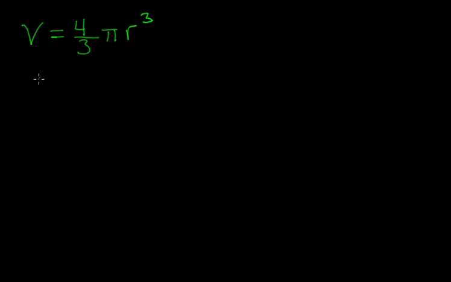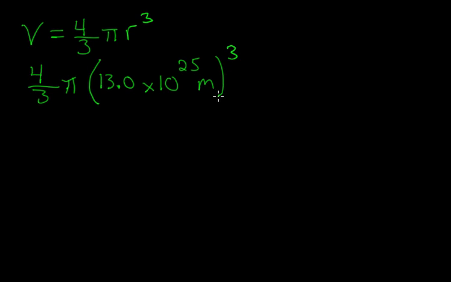So we can get the volume as 4/3 pi times 13.0 times 10 to the 25th meters cubed. And so that's going to give us the volume, and we're going to have a unit of meters cubed.